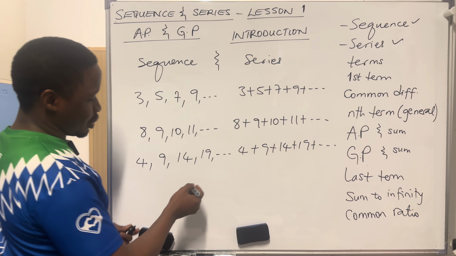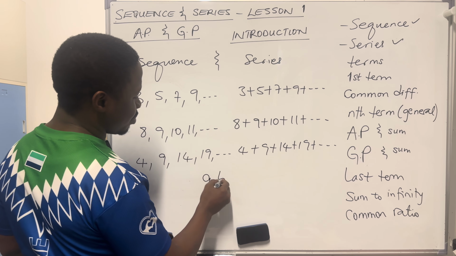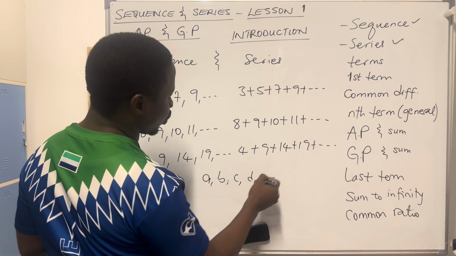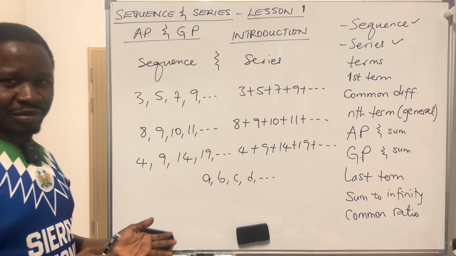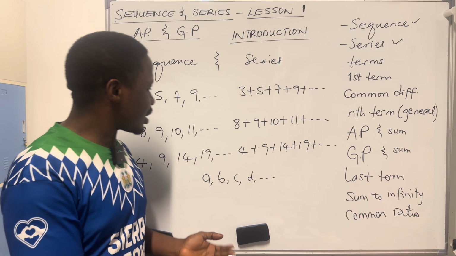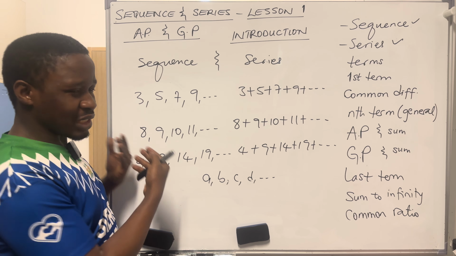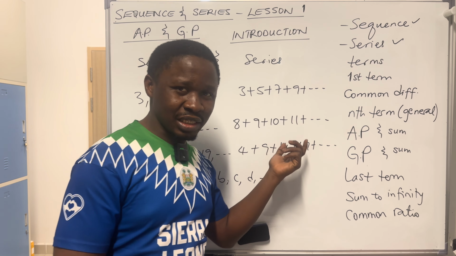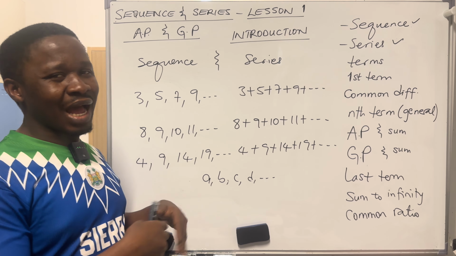So in other words, when we list numbers with commas, those numbers are what we call terms. For example, we can choose to say A, B, C, D. So if we use letters to form a sequence, those letters are the terms. If we use numbers to form a sequence, those numbers are terms. Whether it is a series or sequence, these are terms.